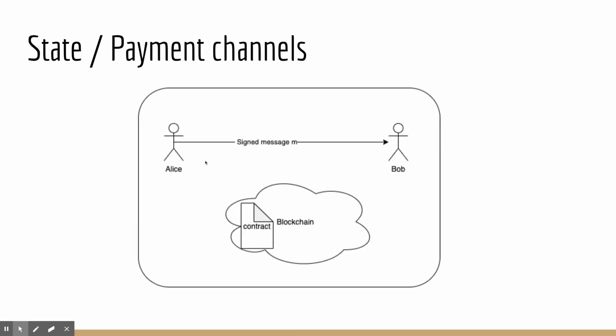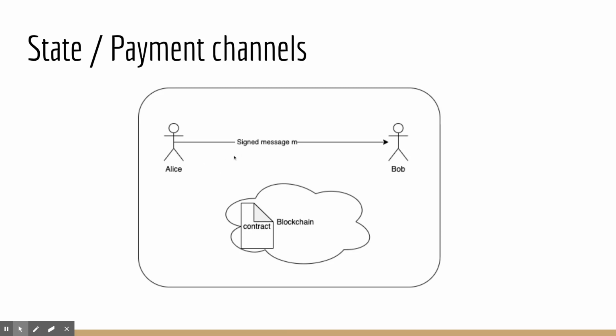So Alice can now send signed messages to Bob, as many as there are, and she can send them directly, so it doesn't actually interact with the blockchain in any way. So first of all, it's completely private. No one ever finds out how much money Alice sent to Bob or how many times they sent it. They just know that some communication must have happened outside the blockchain, and if any of the actors are malicious, the contract enforces that by time locks.